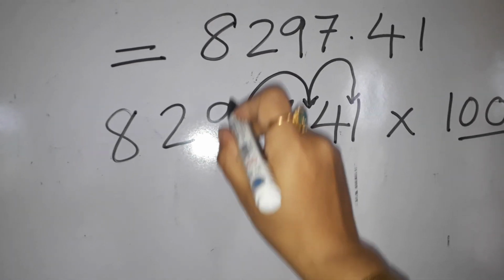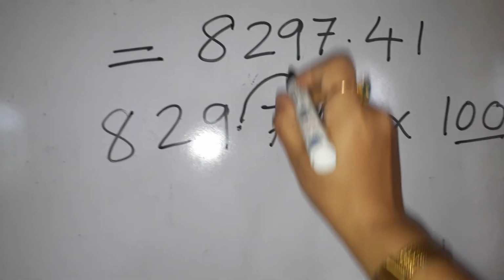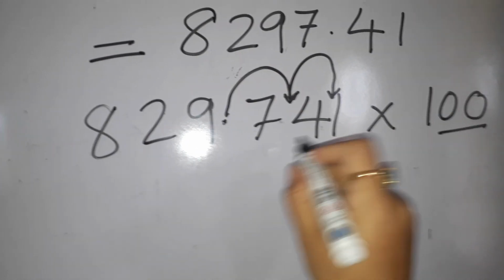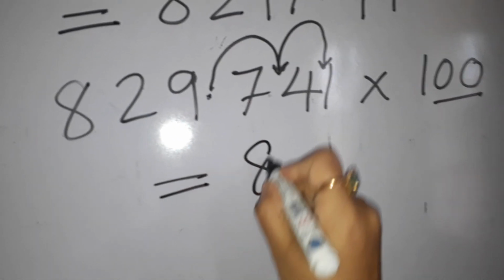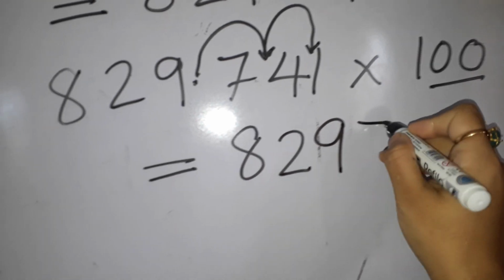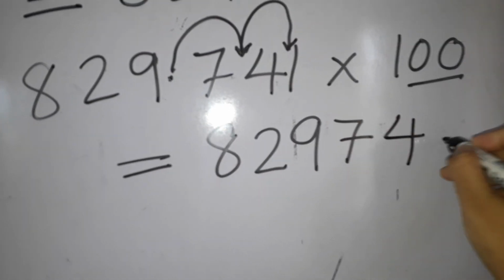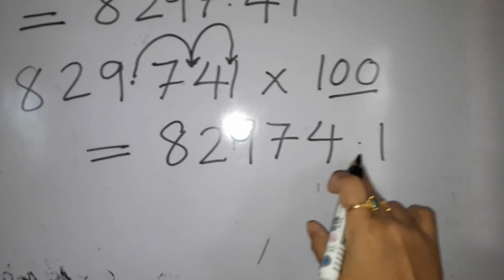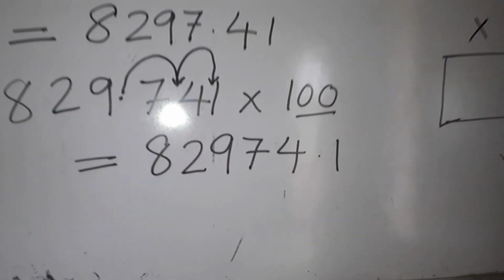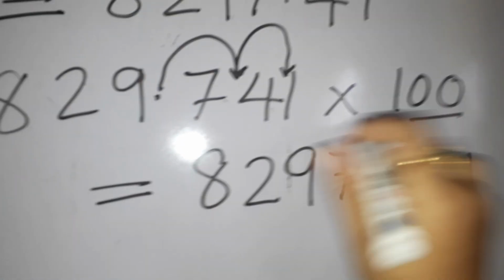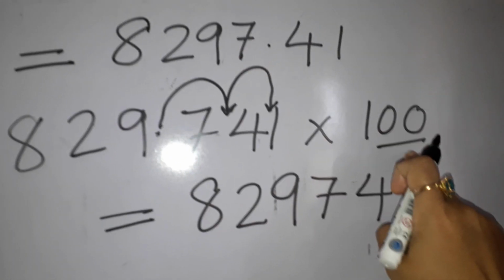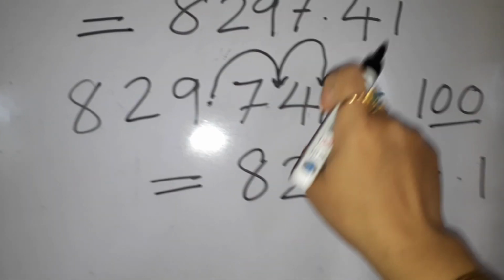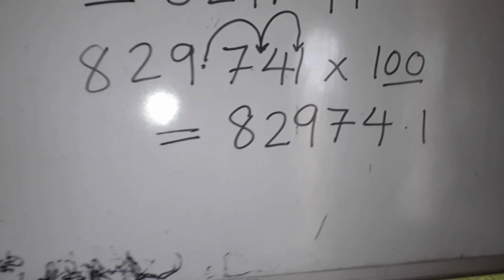So the decimal point will move after 7, then it will go from 7 to 4. After 4, the decimal point will be placed. So the answer is 82,974.1. Clear? So when we multiply any decimal number by the second power of 10 or 100, the decimal point will move 2 places to the right in the multiplicand.